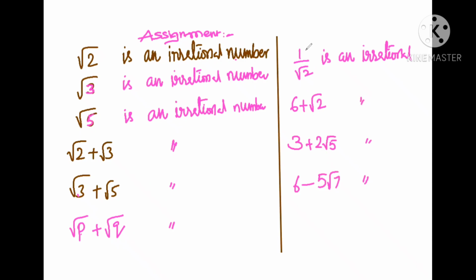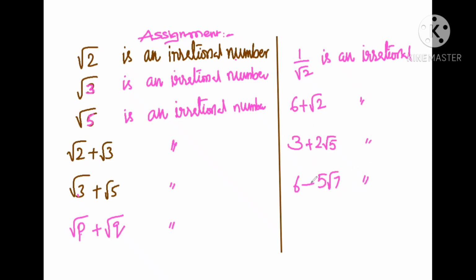Just take this statement, assume it is not irrational, and 1 by root 2 is equal to p by q, a rational number, and do cross multiplication. Then write the irrational number on the left side and transpose all other factors to the right side. Then compare left side and right side.